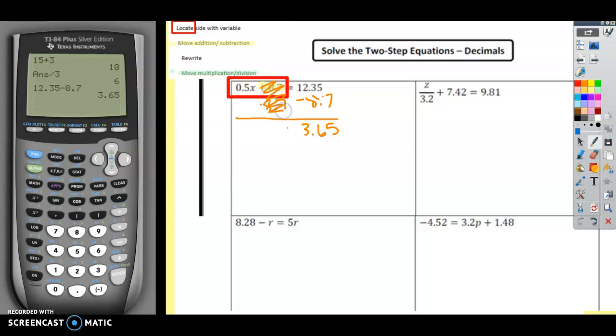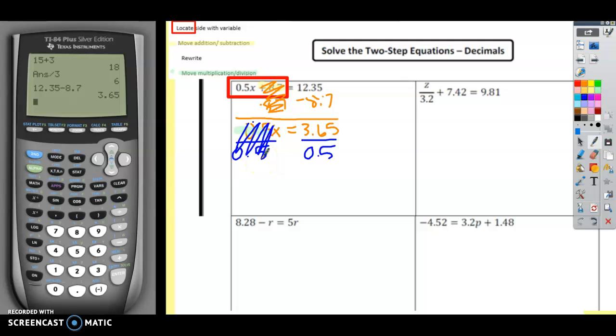Opposites cancel. Here's my equal sign. And I still have 0.5x. From here, this is multiplication. Anytime you have a number buddied up directly with a variable, it's multiplying. To get rid of it, we divide. So we're going to go ahead and divide by 0.5 on both sides. And again, leaving our x behind.